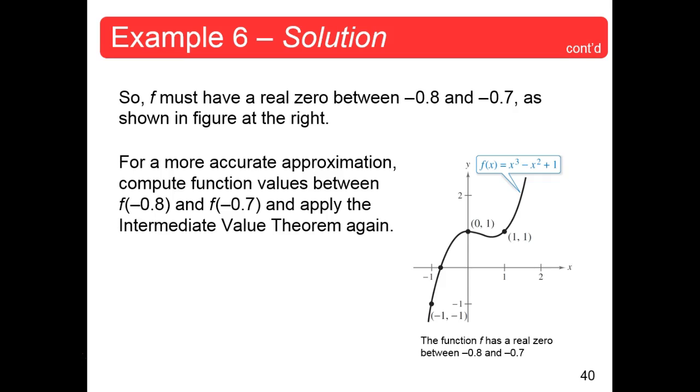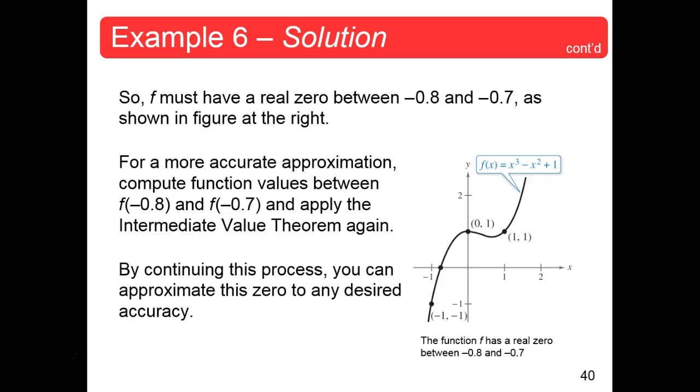If you choose something here and you get here and here, then something between these two. And you just always bracket between the positive and the negative functional value. Okay? Keep applying the intermediate value theorem just like we did. And ultimately, by continuing the process, you can approximate the 0 to any desired accuracy.